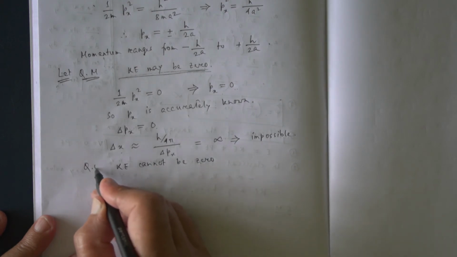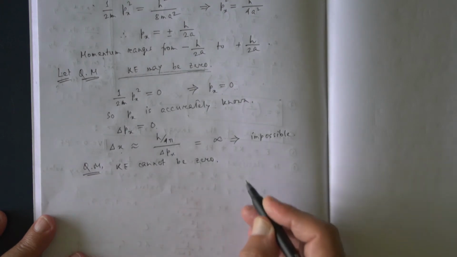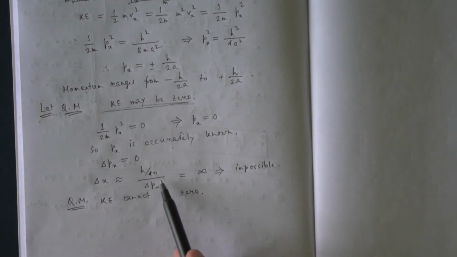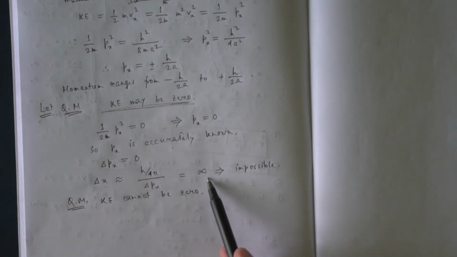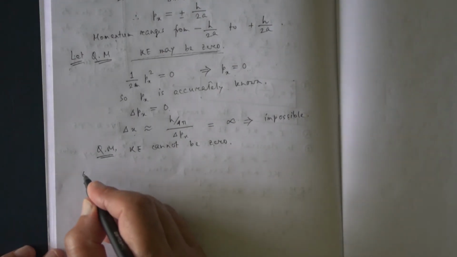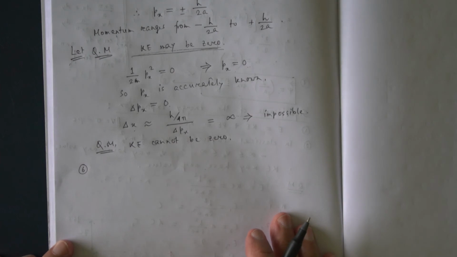In quantum mechanics, kinetic energy cannot be zero, because if kinetic energy is zero, uncertainty in position becomes infinity, which is impossible. Number six is that from particle in one-dimensional box, we can roughly arrive at Heisenberg's uncertainty principle.